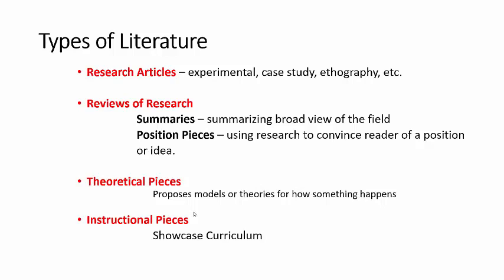There's a prominent theory out right now by Gough and Tunmer from 1986, an article in which they talk about a theory of reading called the simple view of reading. And in theoretical pieces, the author will come up with this idea or theory or a model, and then sometimes they will use research to illustrate how their model or theory makes sense.